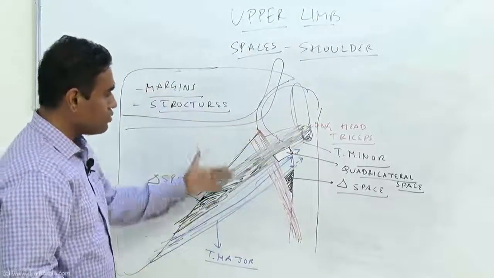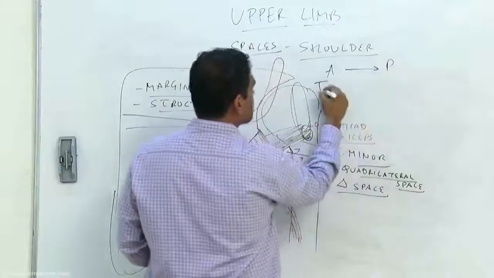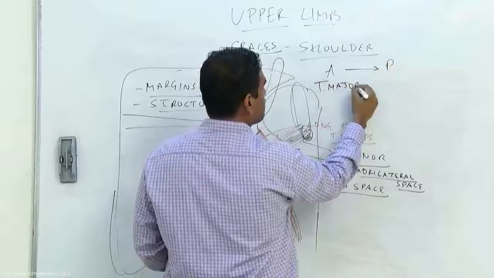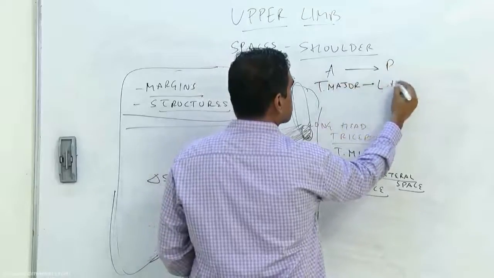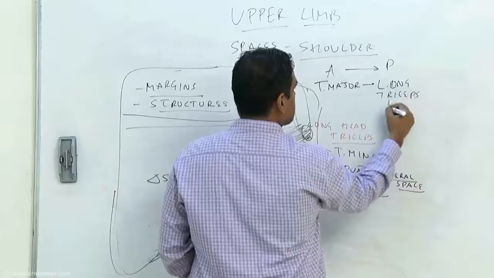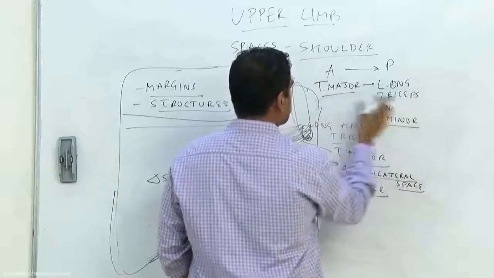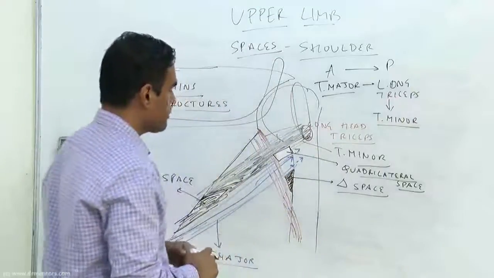So anterior to posterior, the muscles are teres major, then long head of triceps, and then teres minor.